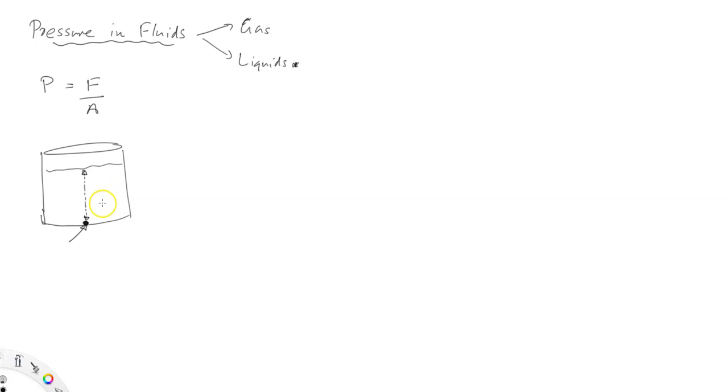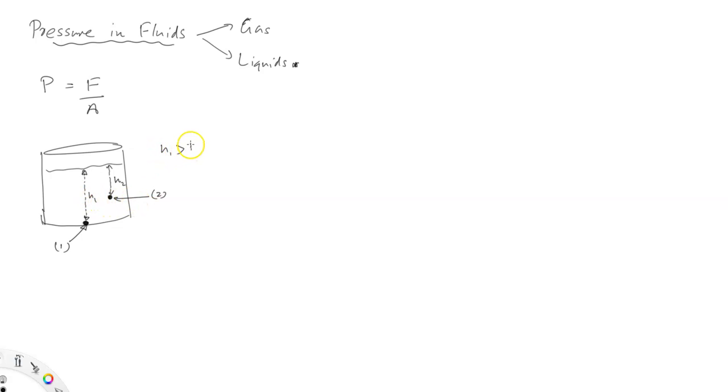So if you take another point like this, let's say this is point 1, this is point 2. At point 2, the pressure is determined by the liquid above that point. So you can see the amount of liquid is less. This is height 2, this is height 1.